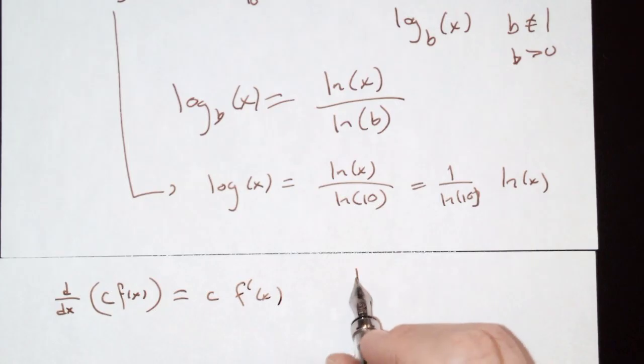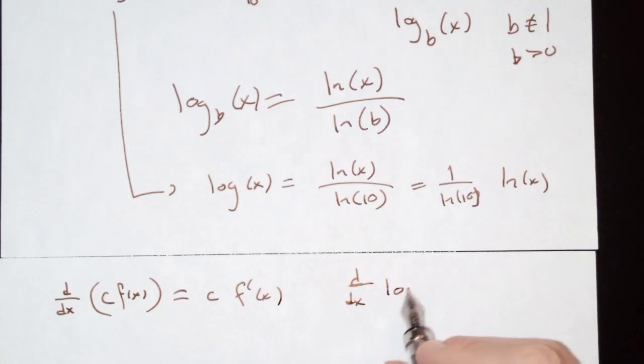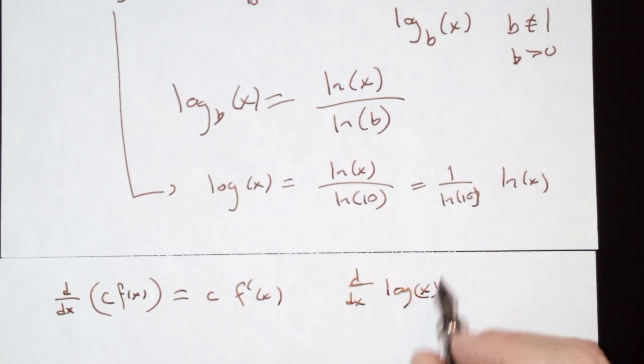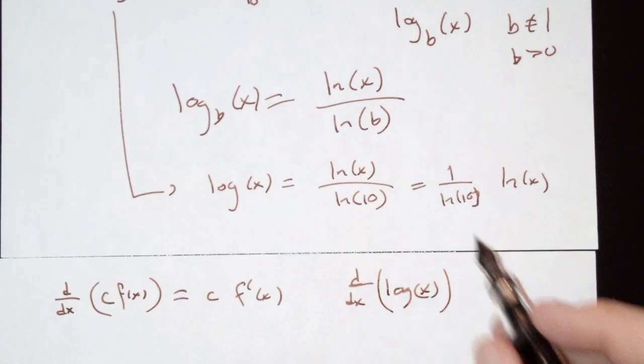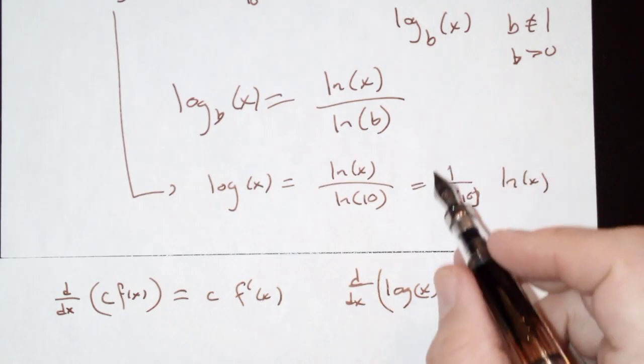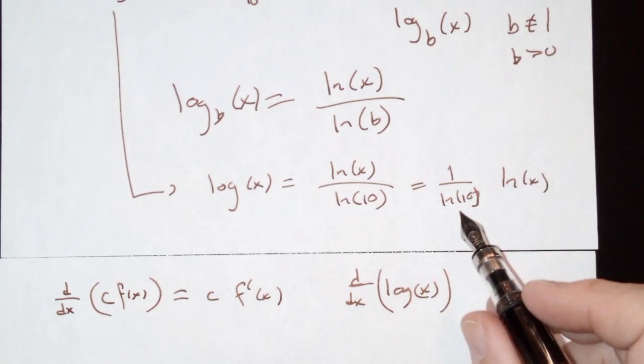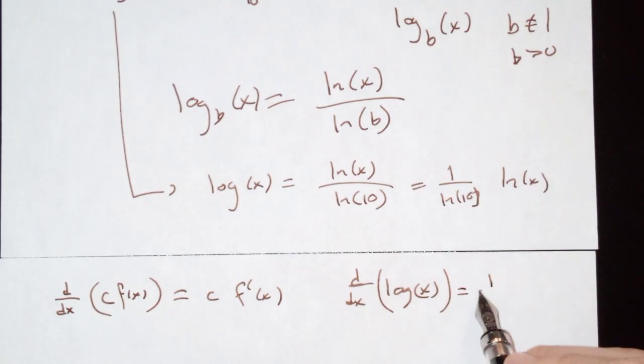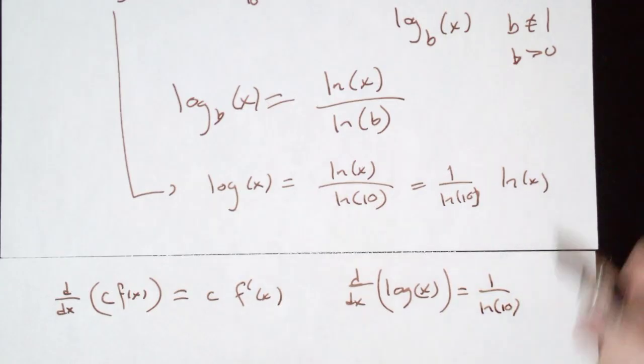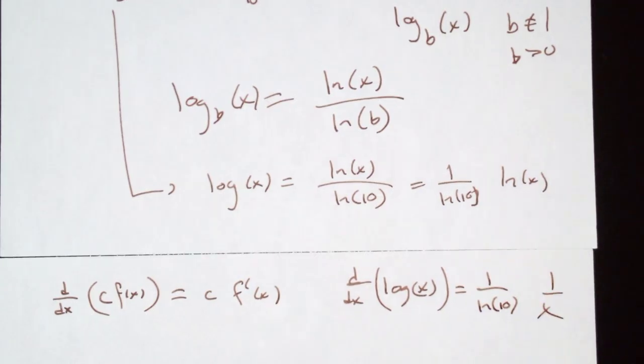So if I want the derivative of log base 10 of x, I'm going to treat it like this. And I'm just going to leave this number alone. What's the derivative of ln of x? 1 over x. There's nothing special about the 10 in that problem.